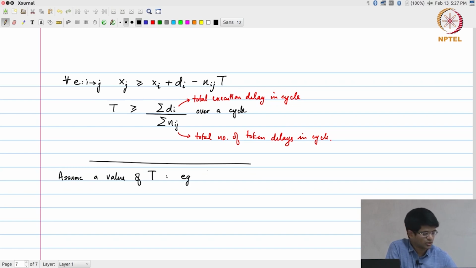One possible value could be just the summation of di over all nodes in the graph. This is obviously very pessimistic, but the point is choosing a large value of t is always safe. That is like saying that if I choose a large clock period for running a synchronous digital circuit, it is always guaranteed to never have a setup violation.